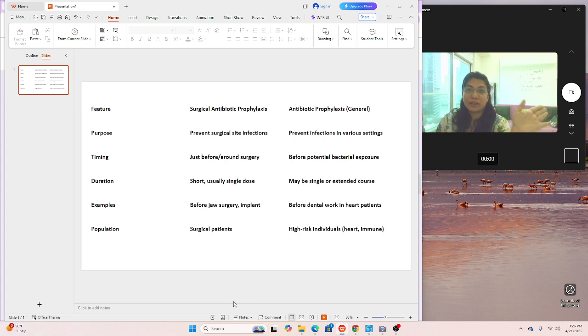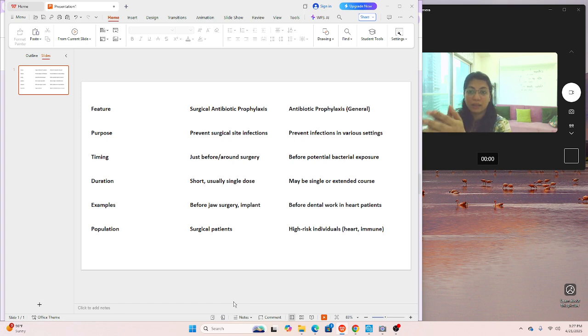It's like left and right, really. If I ask you the same question and just change the wording between surgical antibiotic prophylaxis and just antibiotic prophylaxis, the answers are opposite. It's that different. That's why remember this definition.